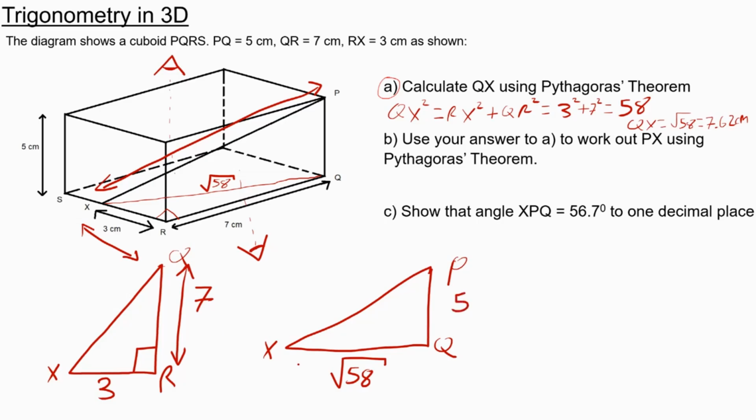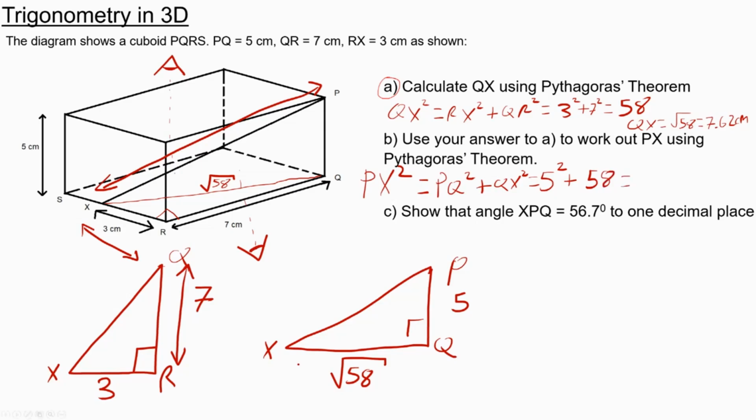So we can use again Pythagoras' theorem, because we have a right angle triangle. We want to find the longest side. PX squared equals PQ squared plus QX squared. So PQ squared is 5 squared, and QX squared is going to be root 58 squared, which is just 58.